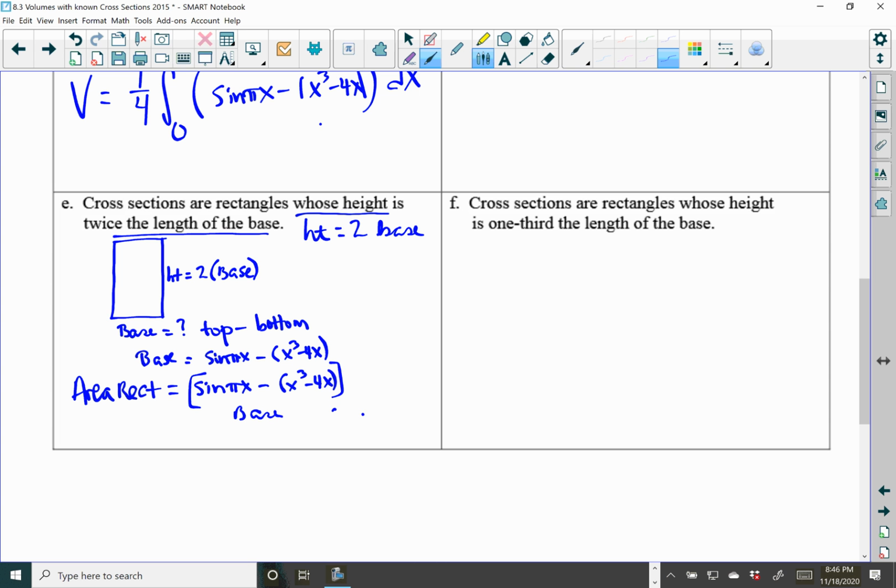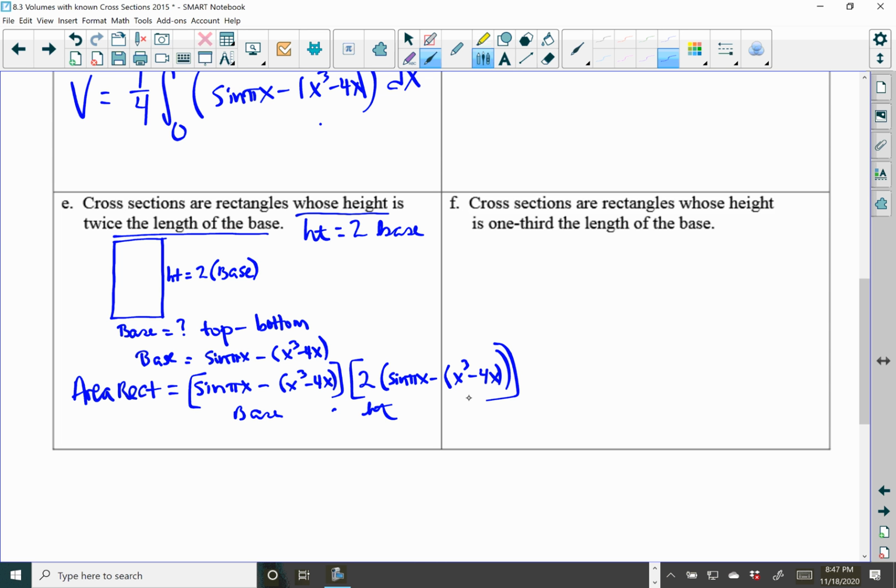And then let's multiply it by our height. And that height is going to be 2 times, and then I have to write all that other stuff, sine pi x minus parentheses x cubed minus 4x. Boom. Do I have an extra parenthesis? Nope, I'm okay.